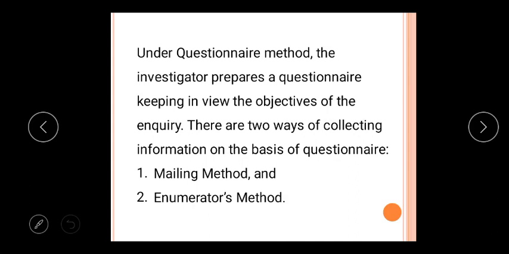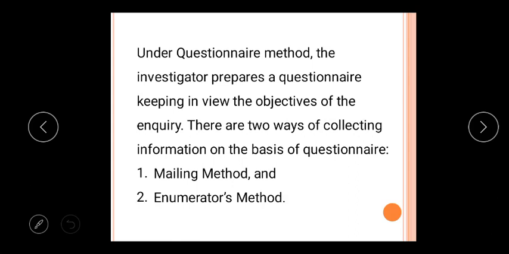Dear students, under the questionnaire method of collecting primary data, the investigator prepares a questionnaire keeping in view the objectives of the inquiry. That is, he prepares a questionnaire keeping in view the purpose of investigation. What is a questionnaire?